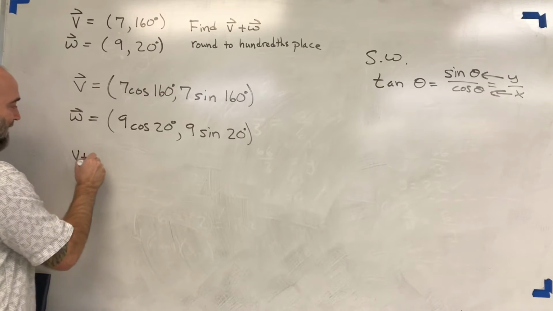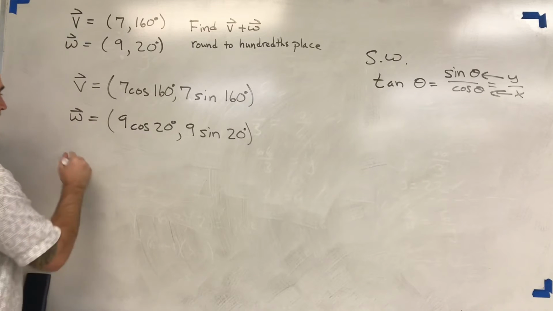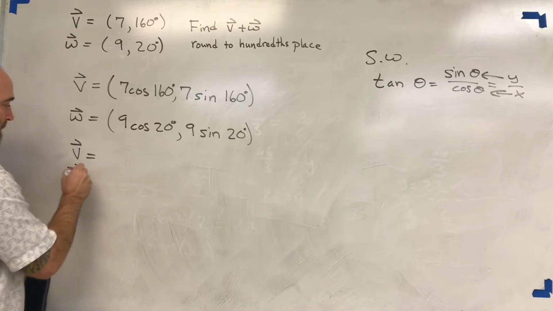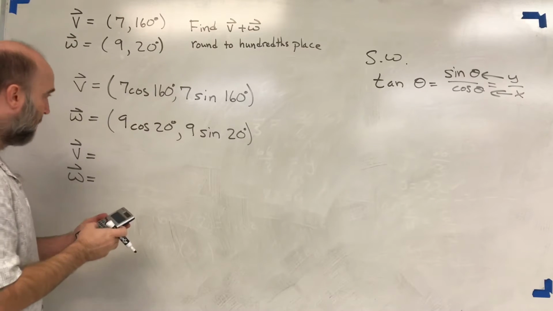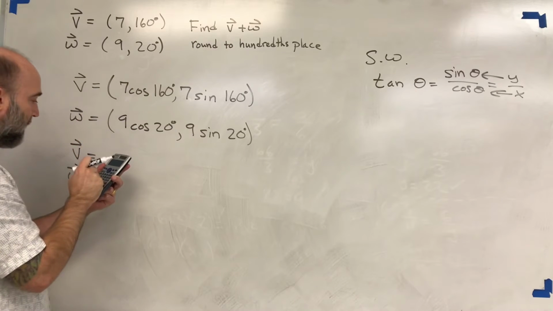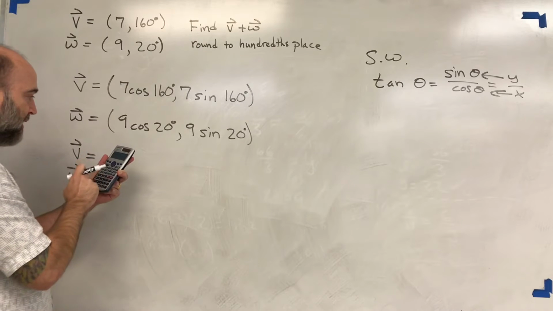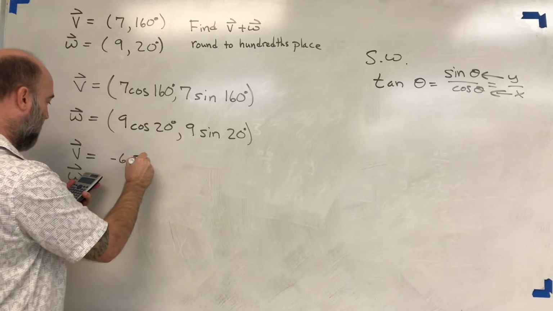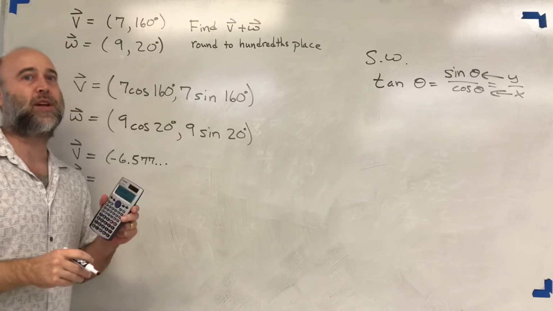v plus w. Actually, let's go ahead and write these out so you can see what they are in decimal form. I'm just going to use my calculator here. Okay, so make sure you're in degrees. We're in degrees here, check. 7 times cosine of 160 degrees equals negative 6.577... I really encourage you to use your calculator along with me.